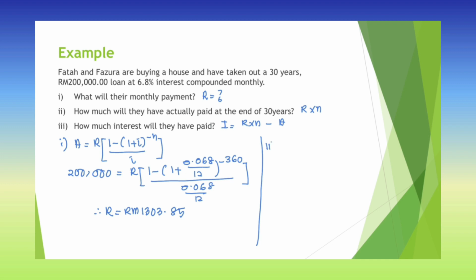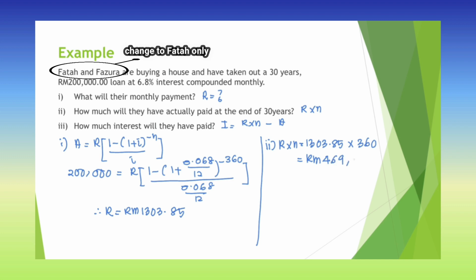For question number 2, how much will they have actually paid at the end of 30 years? R times N equal to 1303.85 times 360. So the answer will be RM469,386.